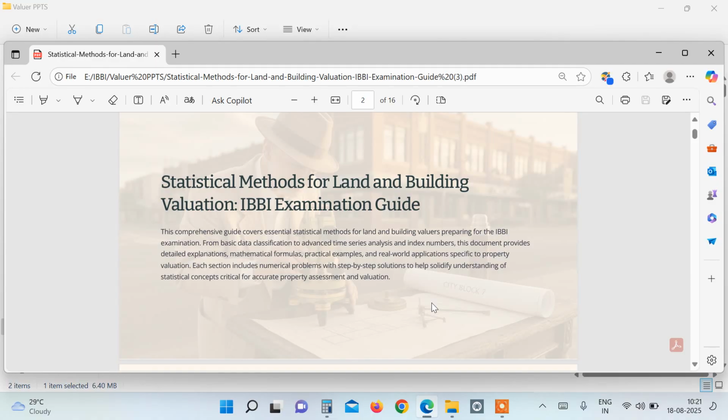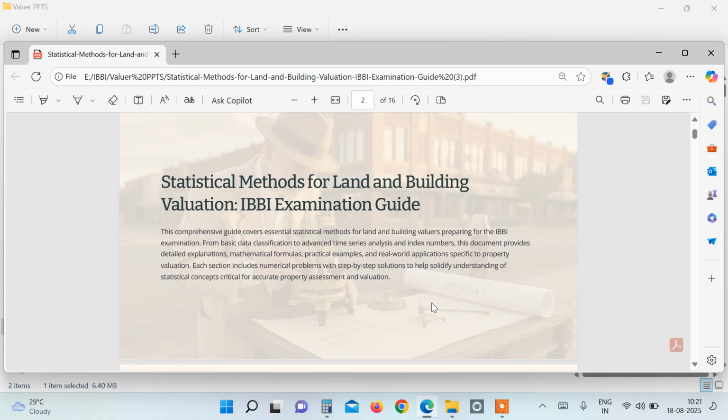Each section includes numerical problems with step-by-step solutions to help solidify understanding of statistical concepts critical for accurate property assessment and valuation.